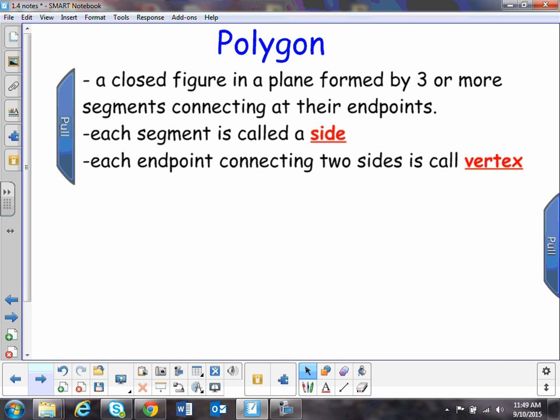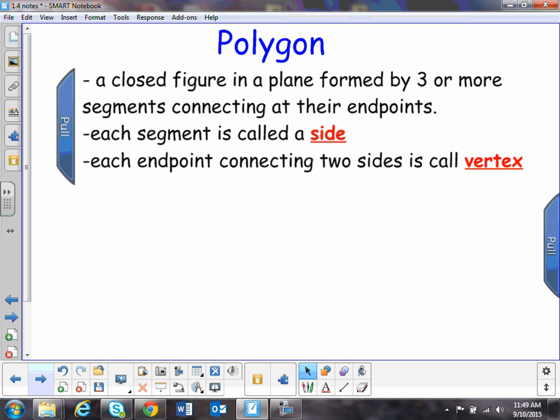Formed by 3 or more segments. So there's the segments again, coming from the first section. So you just connect all those endpoints. The segments are called the sides, which I think that's what you're mostly familiar with. All of the sides.